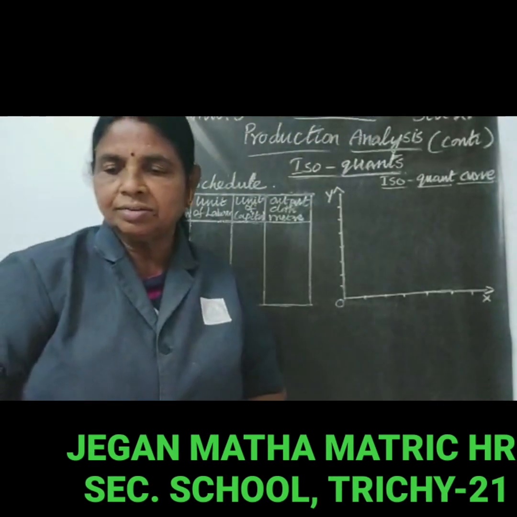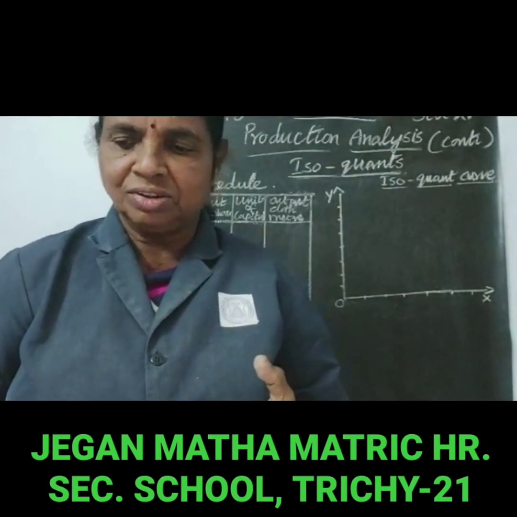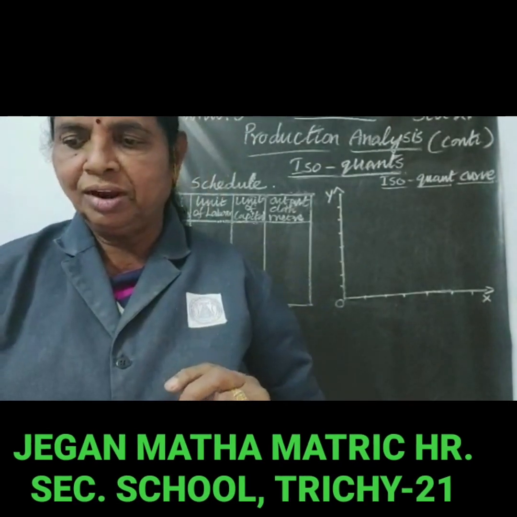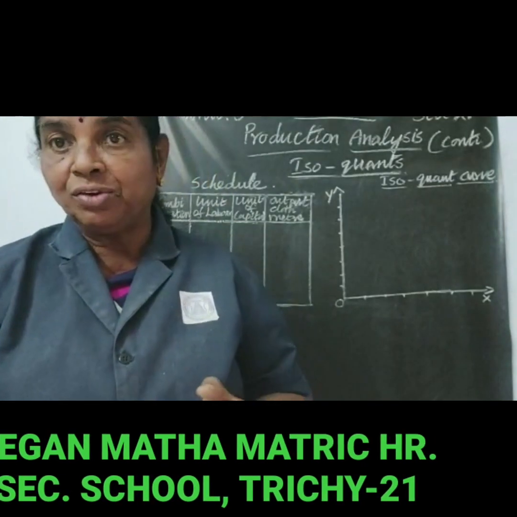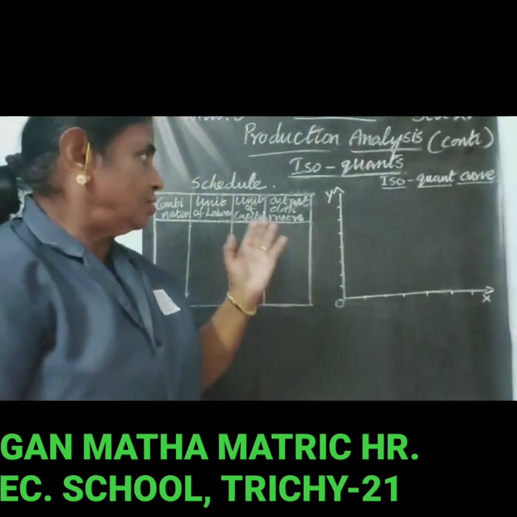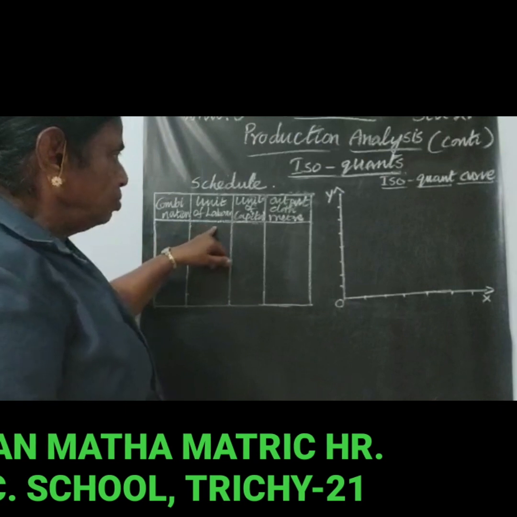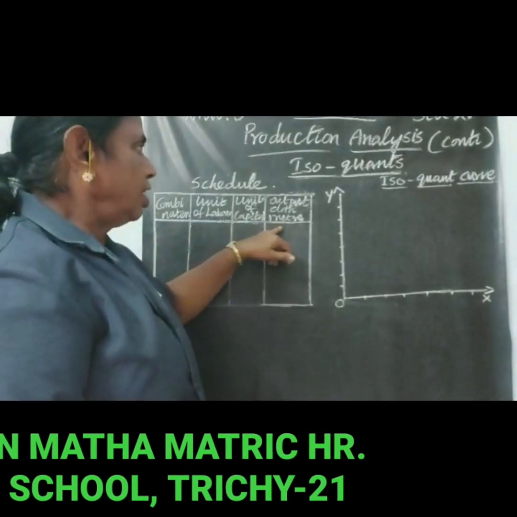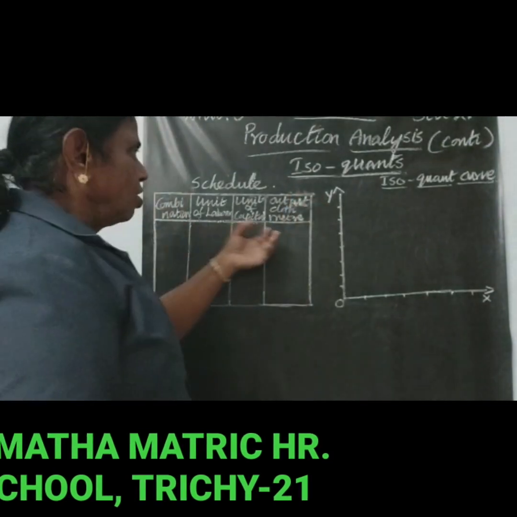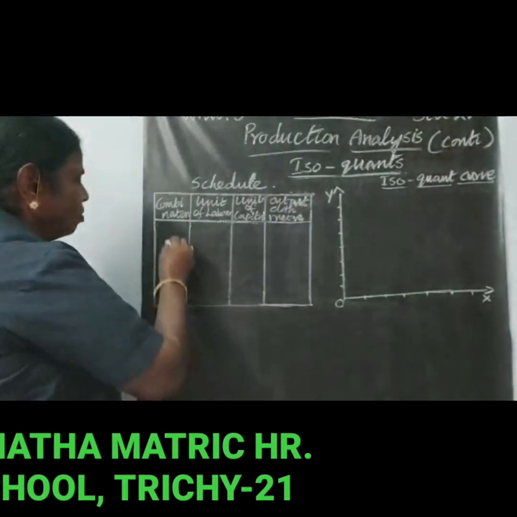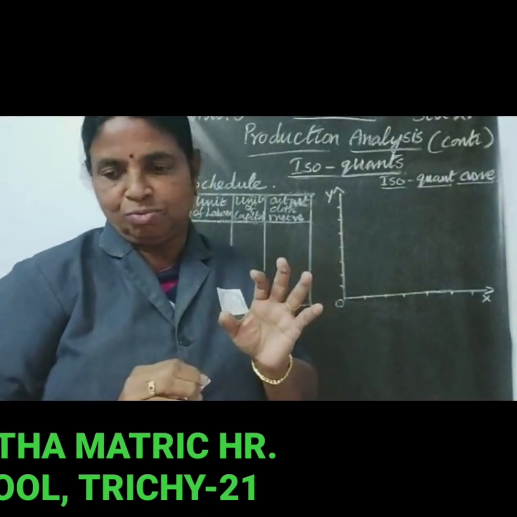An isoquant schedule shows the different combinations of two inputs, namely capital and labor, that yield the same level of output. Let us now see the schedule. See combinations, unit of labor, unit of capital and output, that is output of cloth in meters. We will take 5 different combinations.